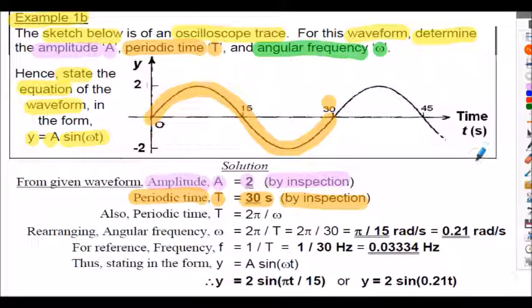Now noting that the periodic time, capital T, is equal to 2 pi divided by omega, the angular frequency in this case, we can rearrange the equation to find angular frequency.